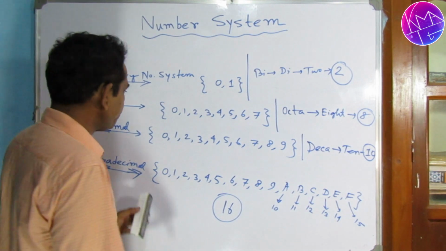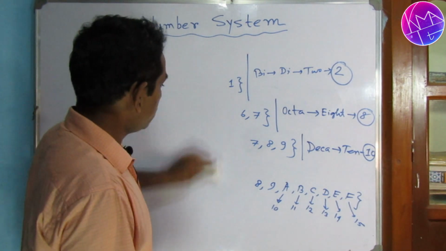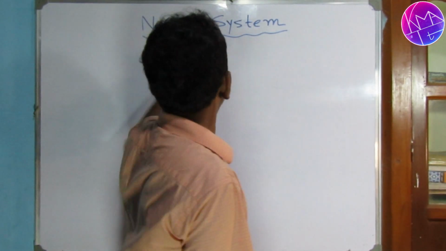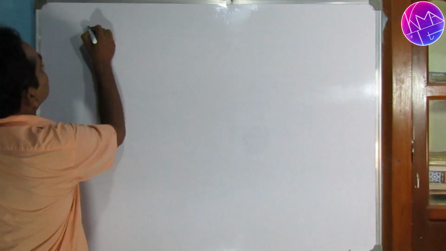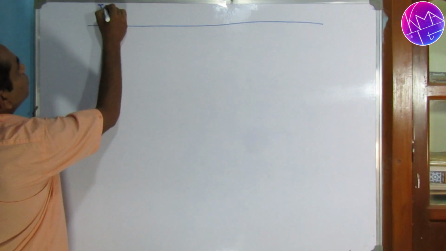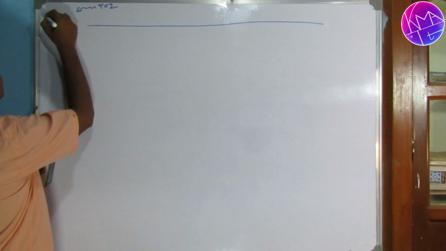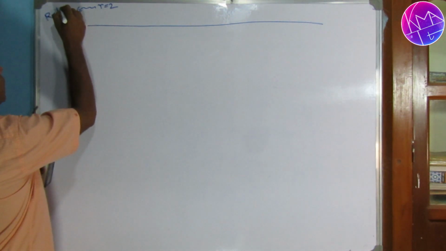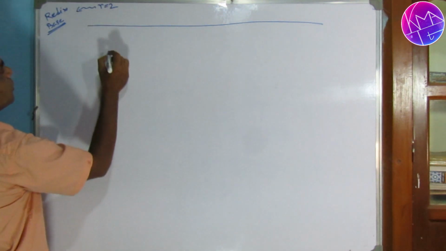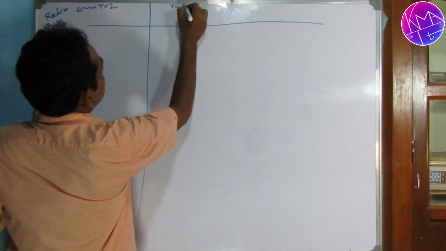Now we will see one interesting tabular representation of these 4 number systems. Let us first draw the table. As you can see, r equal to 2. This r means the radix or base of the number system. r equal to 2 is binary. Then r equal to 8.